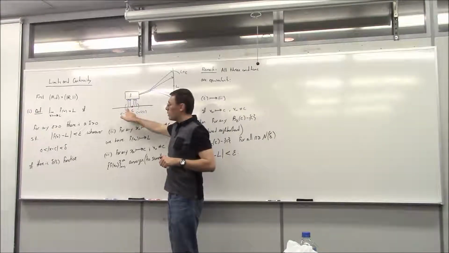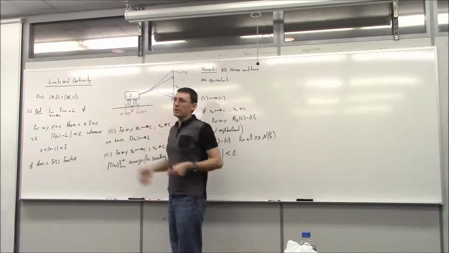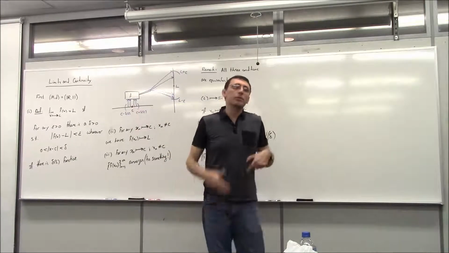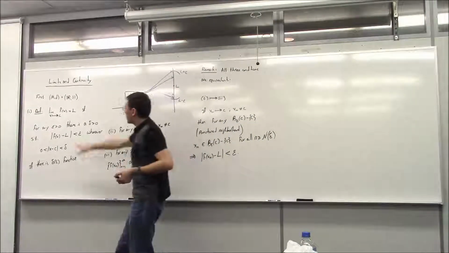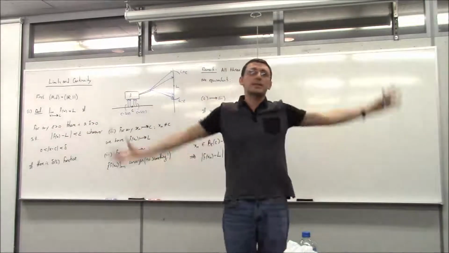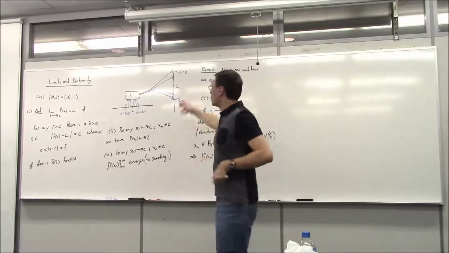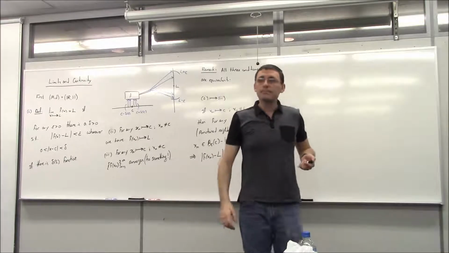If a sequence goes to C, it has to enter those blue boundaries of my pipe. Now everything in that pipe is mapped within epsilon. So the sequence in particular is mapped to where I need it to go. In other words, this definition seems to be much stronger because it doesn't really map a sequence, it maps uncountably many points at the same time. It maps them to within a puddle of size epsilon centered at L.